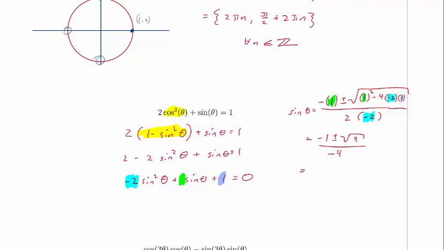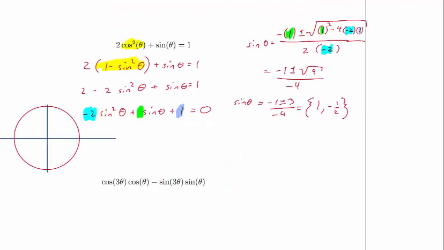So this is negative 1 plus or minus 3 over negative 4, which gives us negative 4 divided by negative 4, which is positive 1, and 2 divided by negative 4, which is the same as negative 1/2. Okay, so those are our two values for the sine theta, right? That's not our answer yet, but that's an important step along the way because we got to take the inverse sine of both of those values.